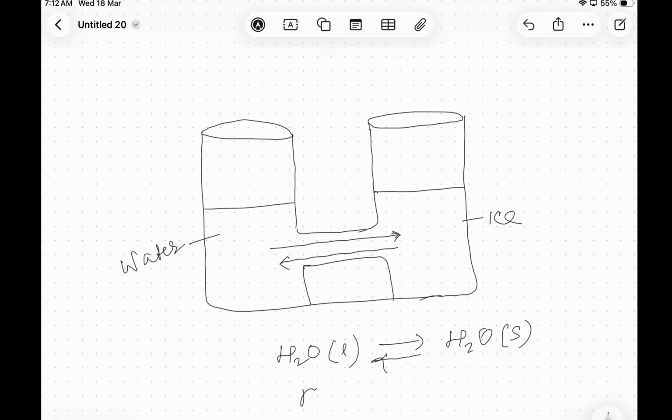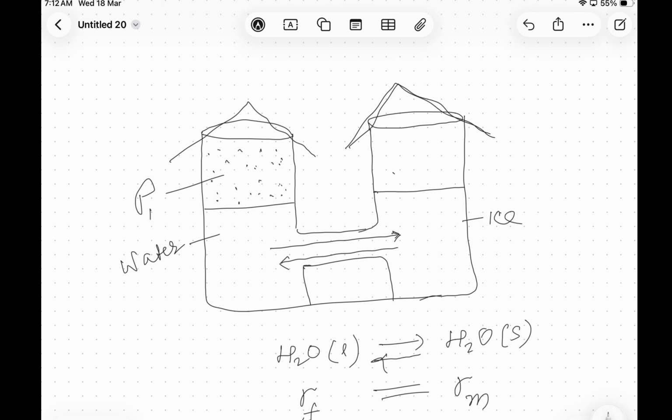The rate of freezing and rate of melting are equal when the vapor pressure over the surface of water, suppose it is P1, and the vapor pressure over the surface of ice, suppose it is P2, are also equal. P1 is equal to P2.